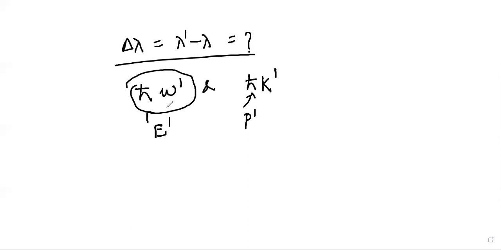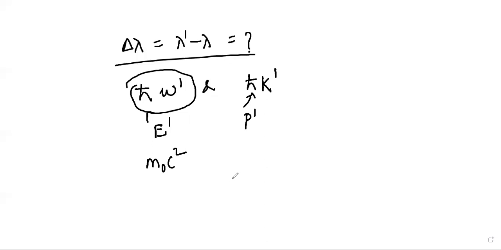Similarly, the energy and momentum of the electron before the collision can be written. As the electron is considered to be at rest and free, we can consider the rest mass of the electron to be m0, so the equivalent energy can be written as m0c².